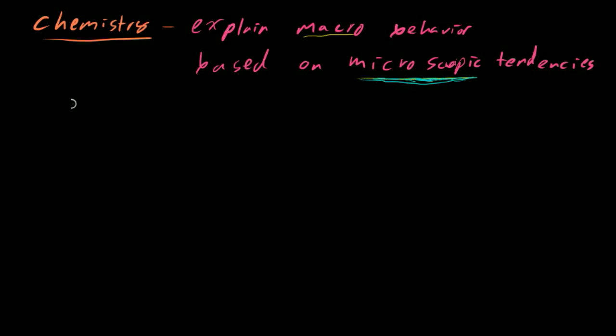And the level that we are really going to talk about them on is going to be the atomic level. And so that definitely raises the question of, well, what is an atom? That is really what we're going to be talking about a lot in the course.